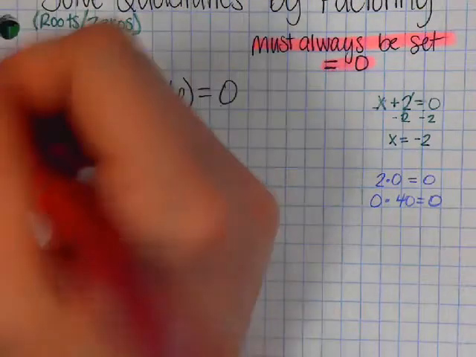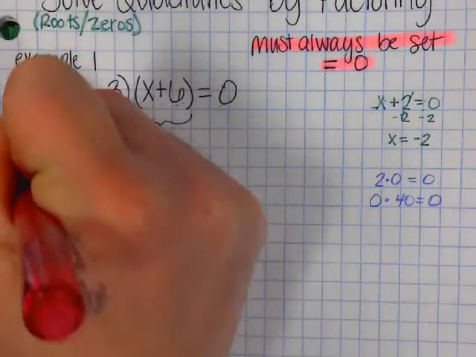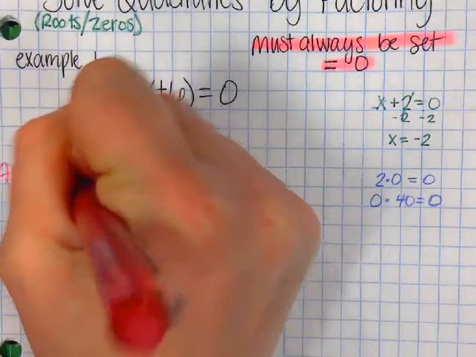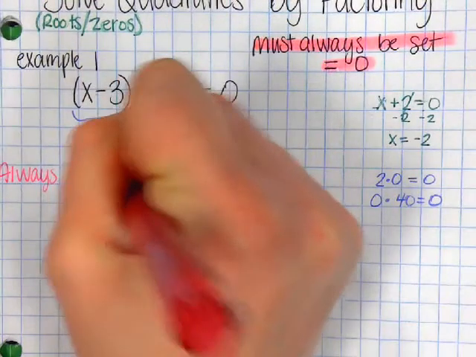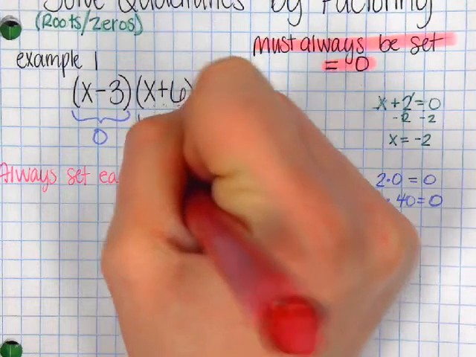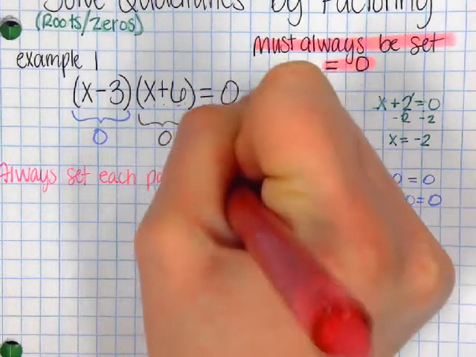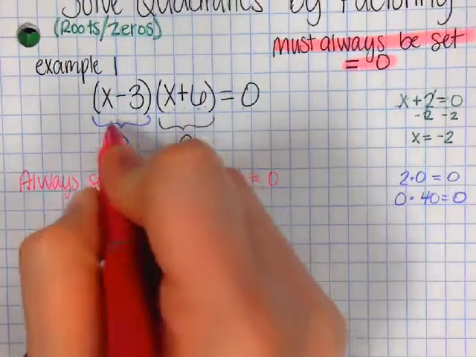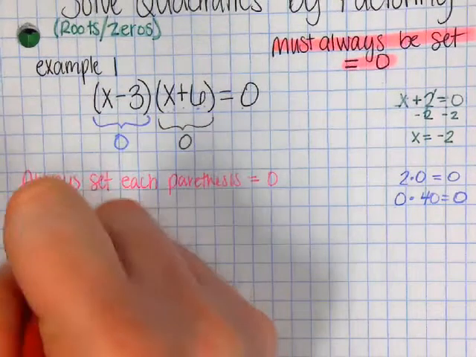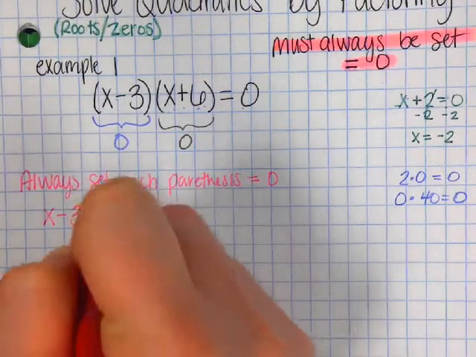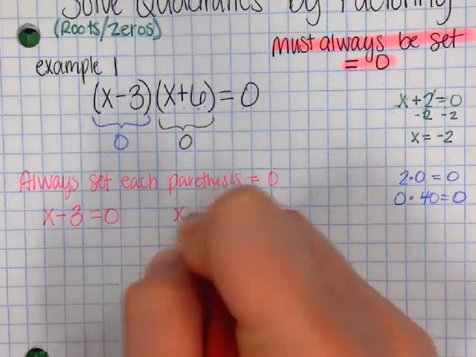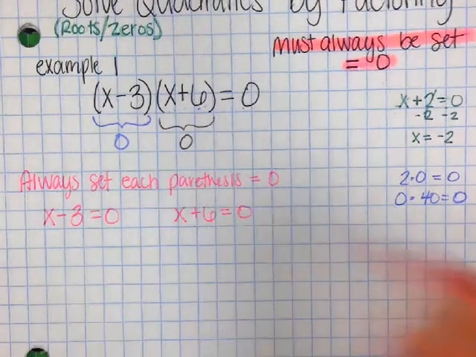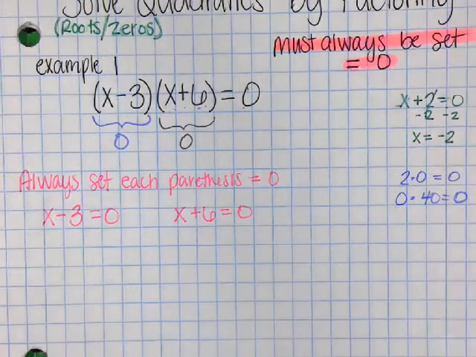So you will always set each parentheses equal to 0. So if I take this first parentheses, x minus 3 equals 0, and x plus 6 equals 0.